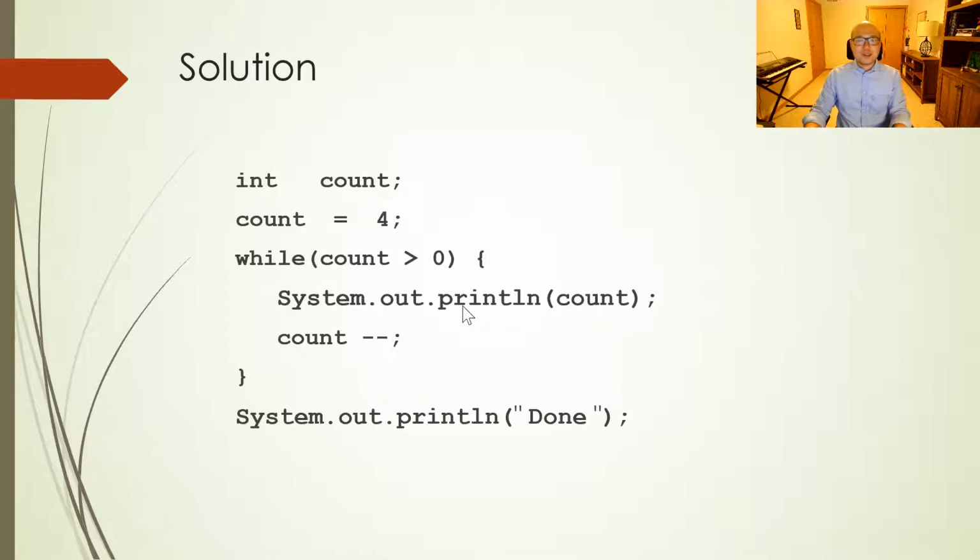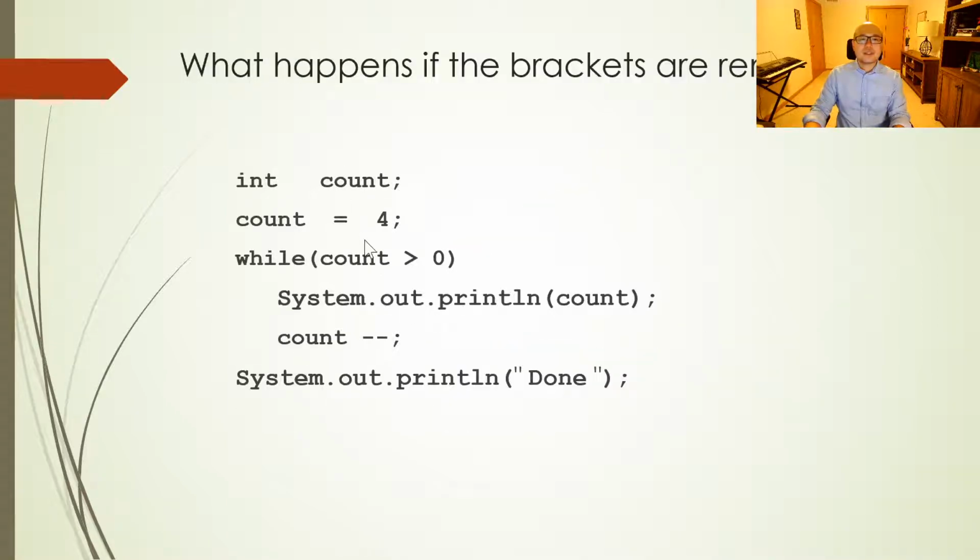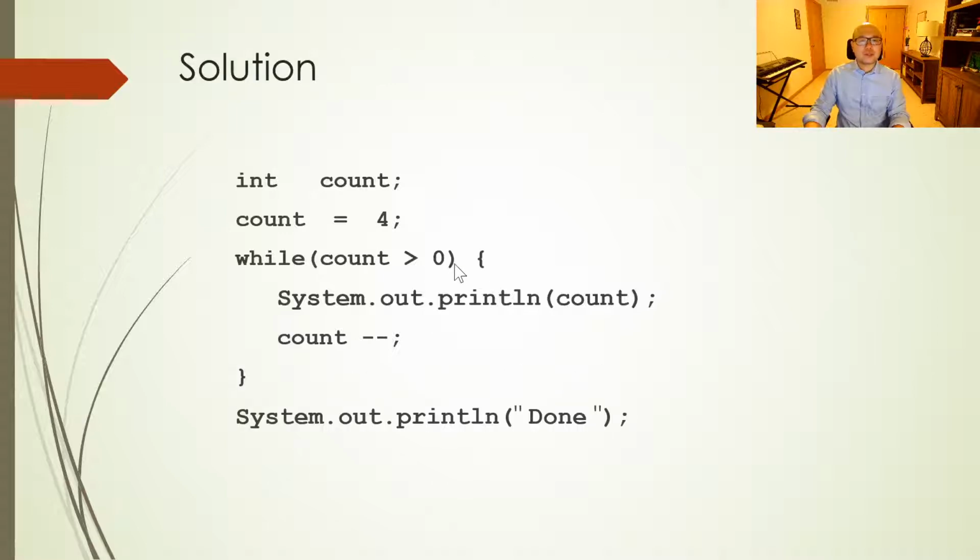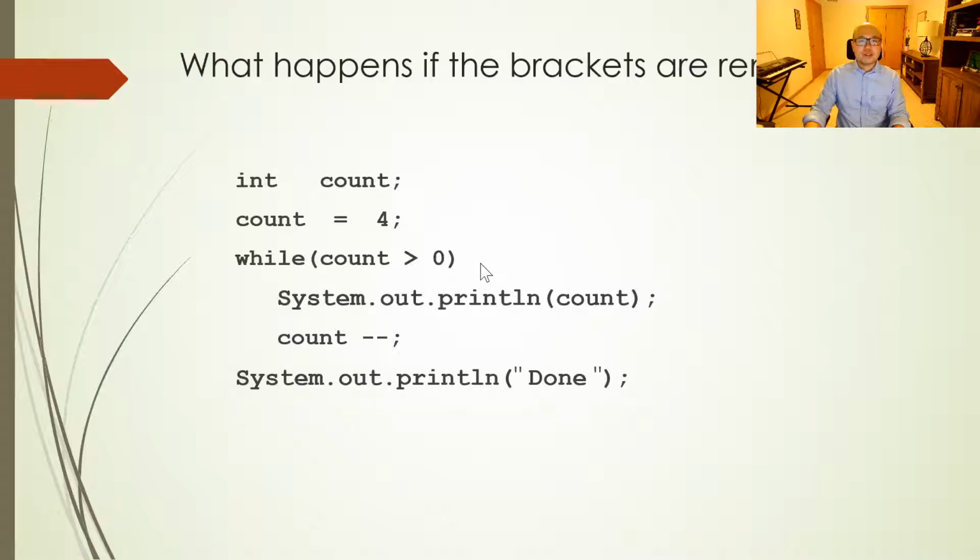Next I'll ask you a question. You can see here we group the loop body within a block, so the two statements are in the block. What if the braces, the curly braces, are removed?